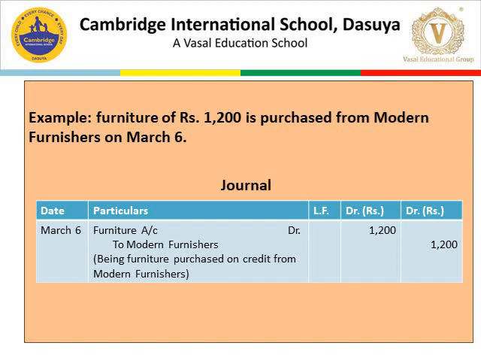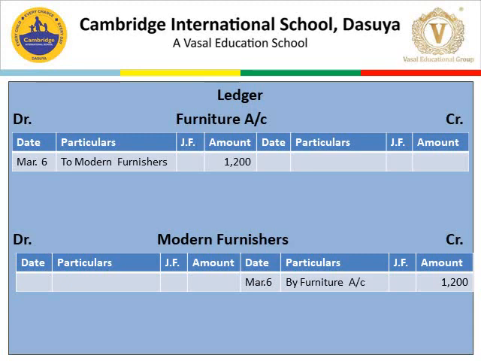Now let's see how the treatment will take place in the ledger. So according to the journal entry, we have to prepare two accounts. Number one, furniture account, and number two, Modern Furnitures. Because only two persons or two things are involved in the transaction, there will be two accounts. First, we will prepare the furniture account.